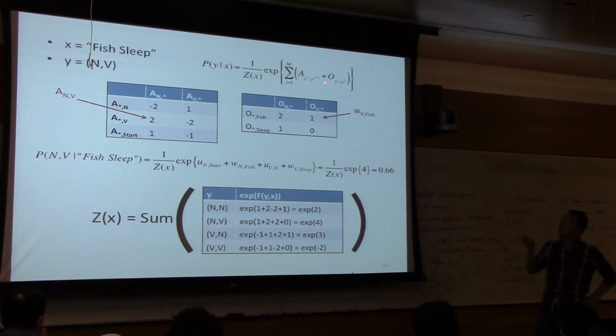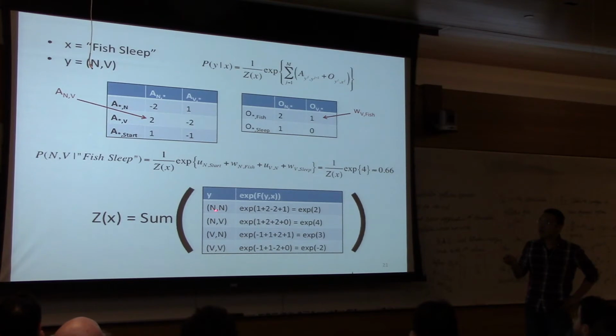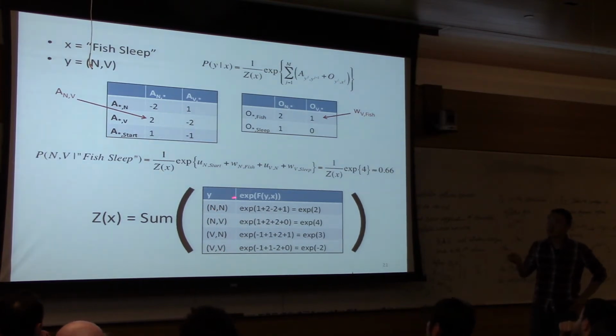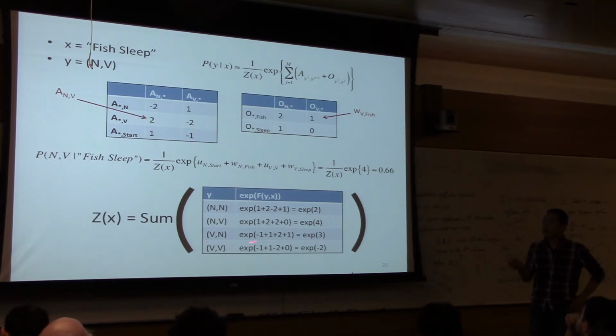The total sum of these scores is e to the 4, and then the z is the sum over each of the possibilities: noun noun, noun verb, verb noun, verb verb, assuming that the output token space is only noun and verb. So L equals 2 in this simple example. These are the four possibilities that z sums over, and these are their exponentiated scores.